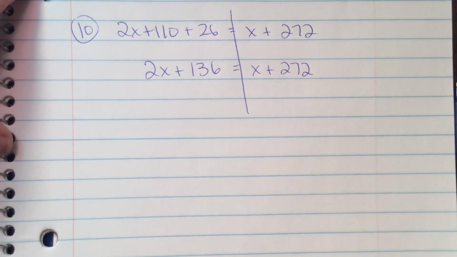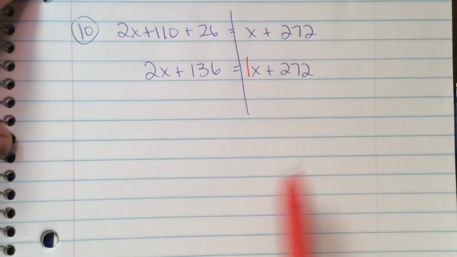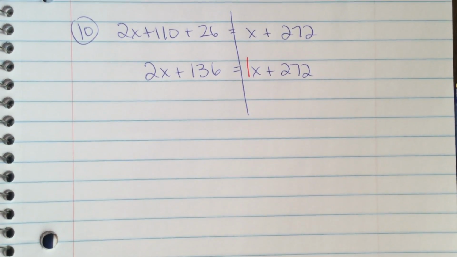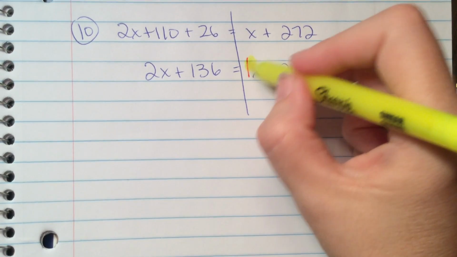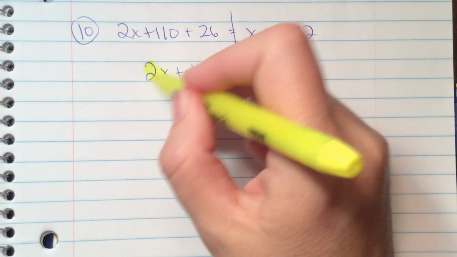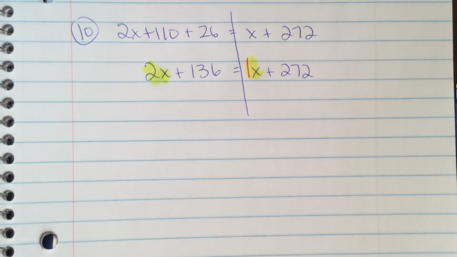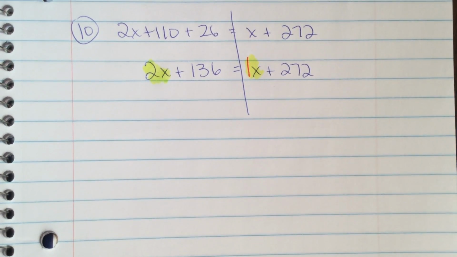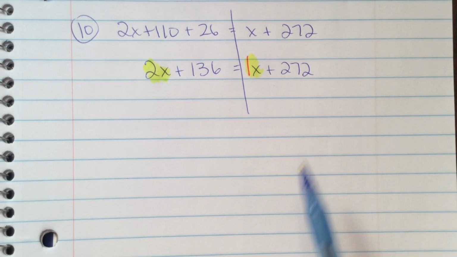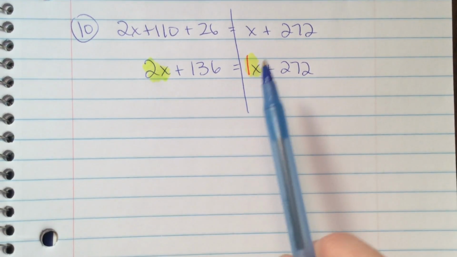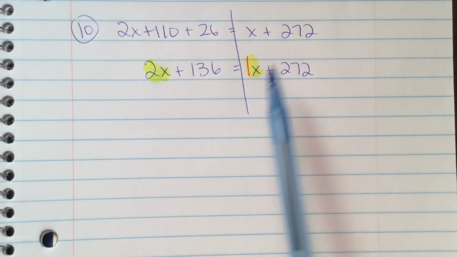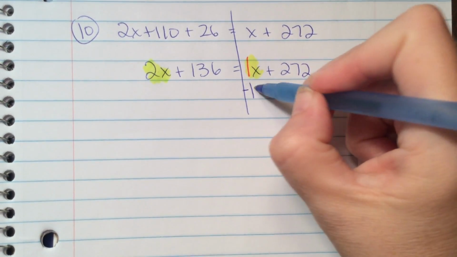So I'm going to fill in the coefficient here, which is always 1 if it's not written. Now I'm going to look at the variables, and we're going to decide which one to move. So I have a 2x and I have a 1x. The general rule of thumb is that you always move the smaller x, because otherwise you'll get a negative. So 1x is smaller than 2x, so we're going to move the 1x. So we're going to subtract 1x.